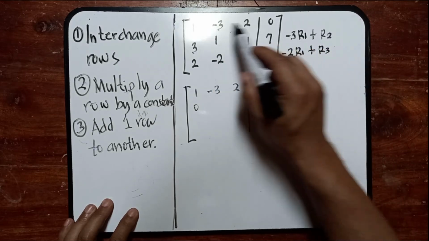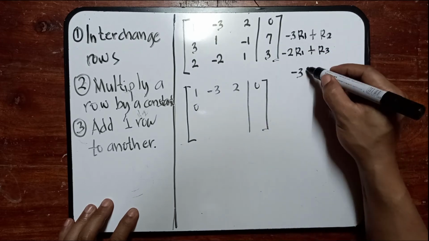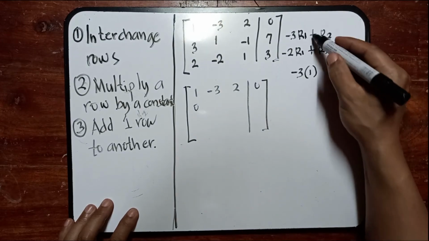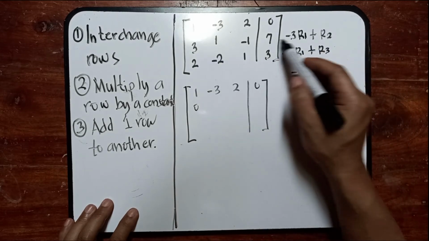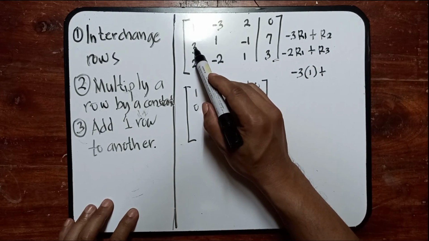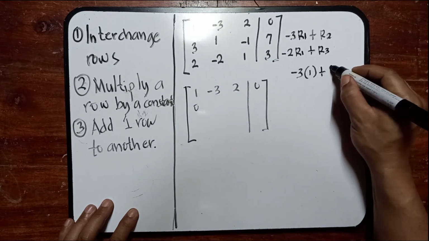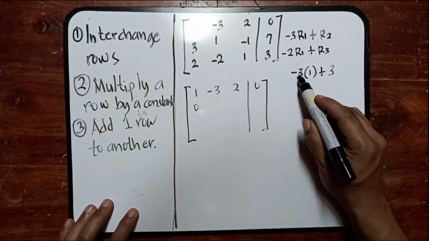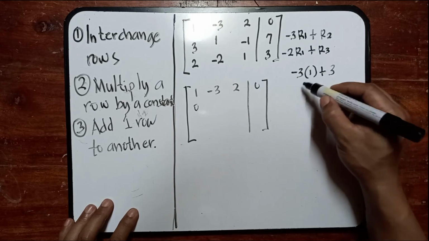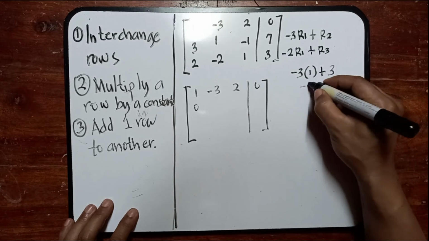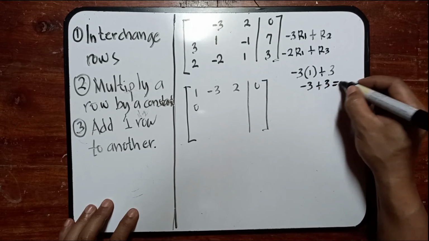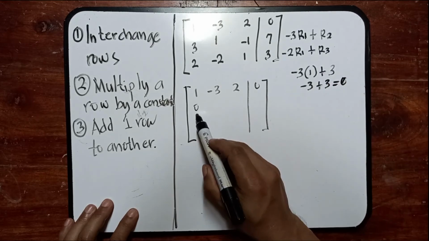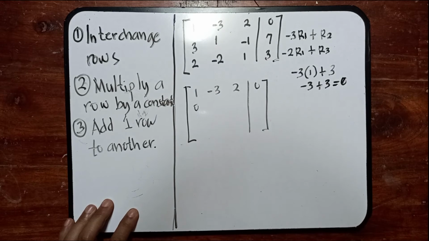R1 is this, the entire row 1. So we write here 1, then plus R2, so this is row 2, and we are referring to the first element of row 2, plus 3. So of course, negative 3 times 1, this becomes negative 3. Negative 3 plus 3, unlike sign, this results to 0. That is why we have 0 here.